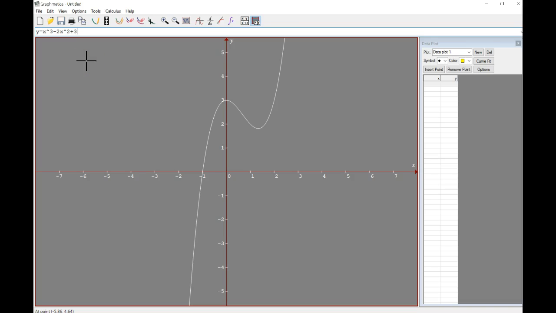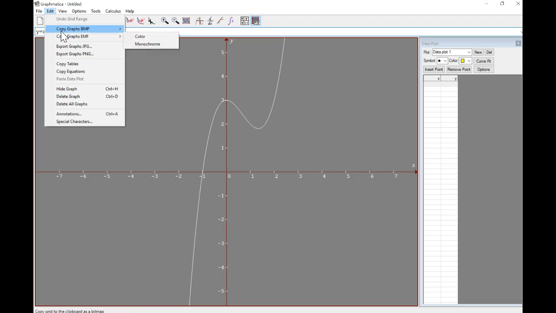X cubed minus 2x squared plus 3. Yeah, you're welcome. What does this look like? Kind of a trick question. Yeah, there's no discontinuity here, right? That's what we were hoping for you to notice.